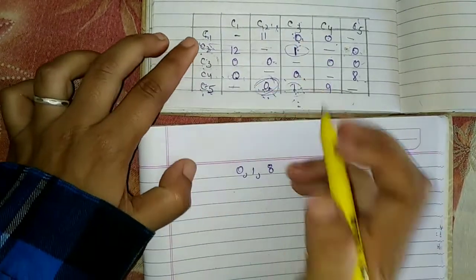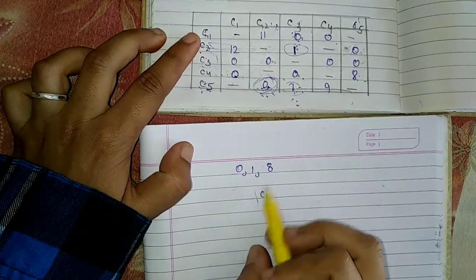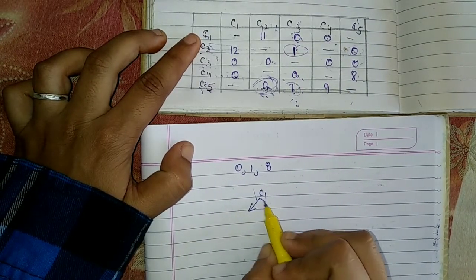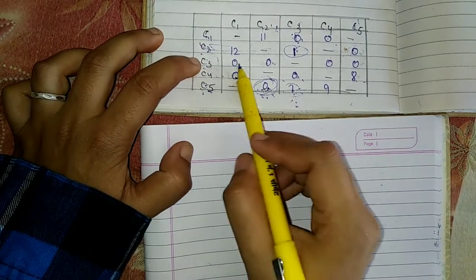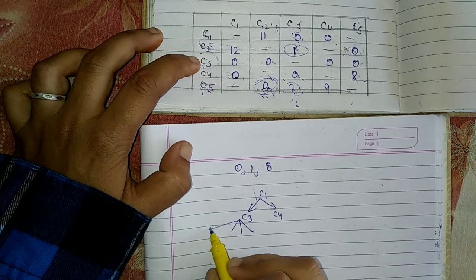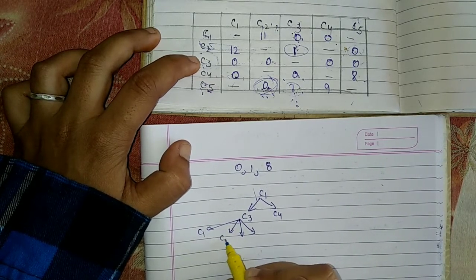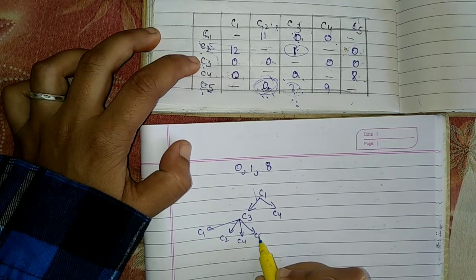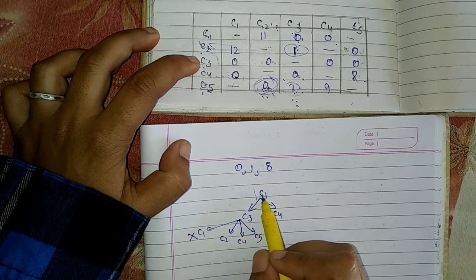We can start from C1. C1, there are 2 zeros, C3 and C4. C3 there are 4 zeros: C1, C2, C4 and C5. It is unfavorable because it does not cover C2, C4 and C5.